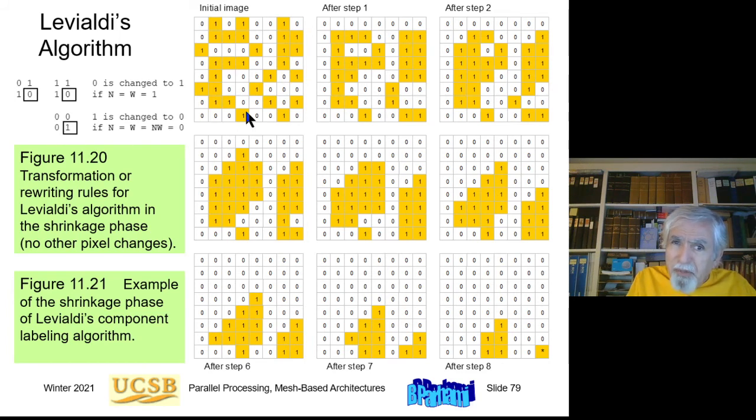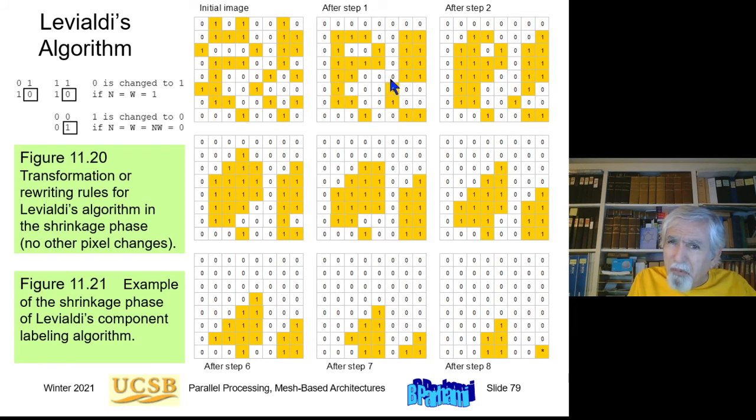So you see, for example, here, this one has 3 zeros according to this rule, so in the next step it will be changed to 0. On the other hand, this 0, because it has 2 ones above and to the left, will be changed to 1, and so on.